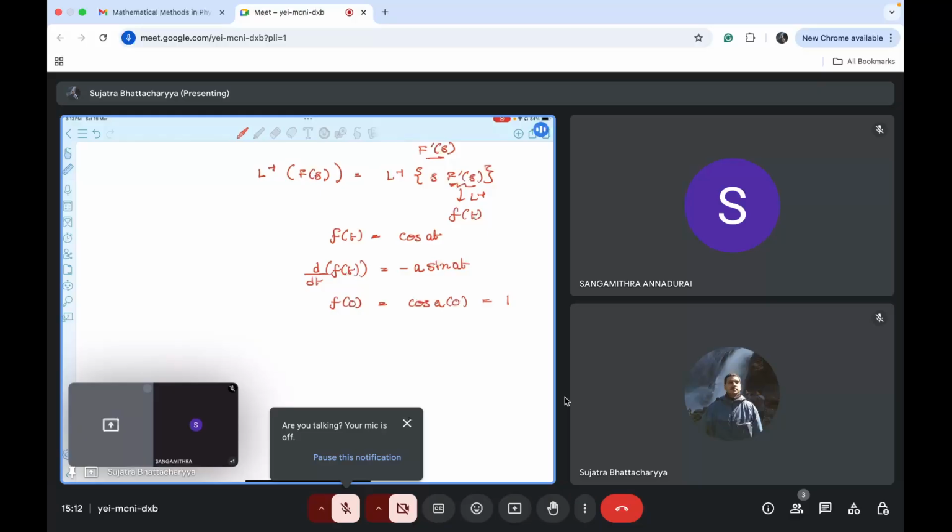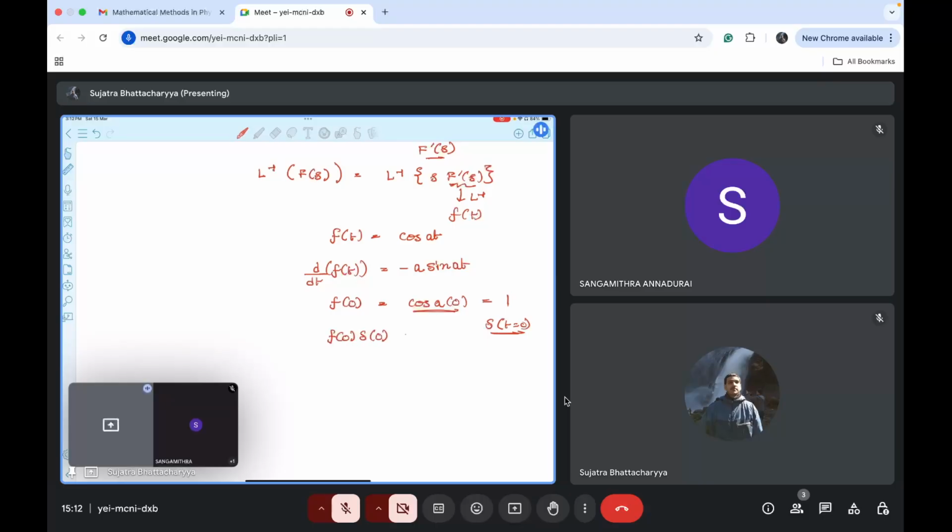Cos of 0 is 1. Okay, and delta t is not required. It's a delta function, no doubt, but at t equal to 0, for the time being, when it is multiplied by this, let it be 1. So I am writing that f(0) delta(0) is equal to 1.